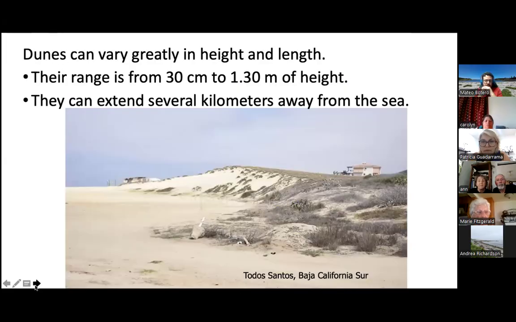And then dunes can vary greatly in height and length. The range is from 30 centimeters to 1.30 meters of height, and they can extend several kilometers away from the sea.